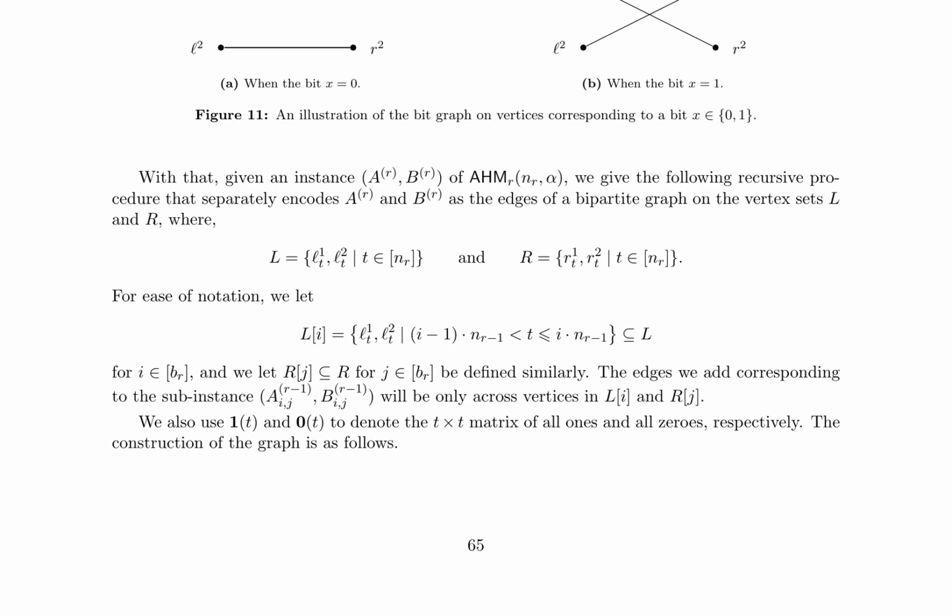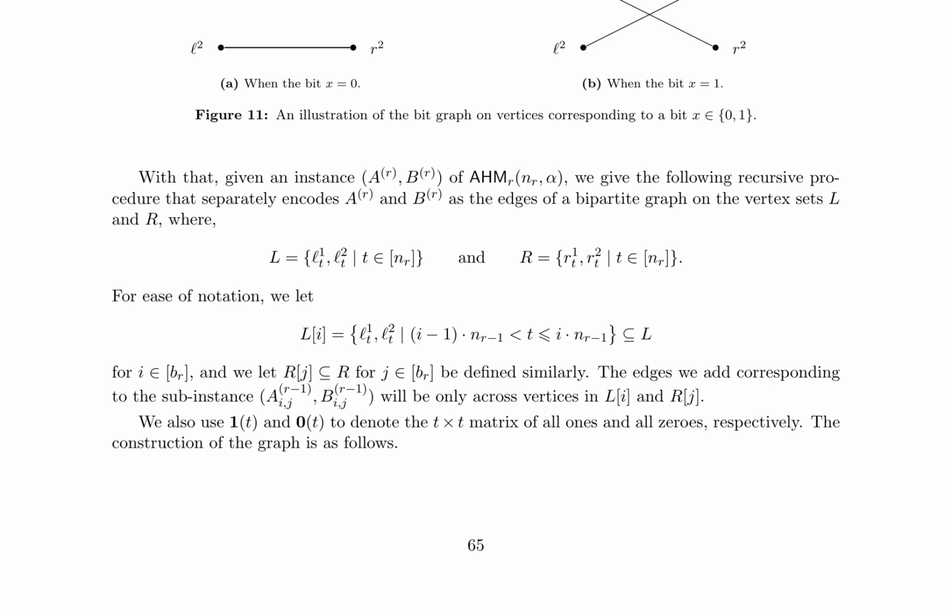For r equals 0, when z element of {0, 1}, return the edges of the bit graph corresponding to z. For r greater than or equal to 1, when z element of {0, 1}^{n_r} x {0, 1}^{n_r}, return the edges (i, j) element of [b^r], edges_{r-1}(z_{i,j}, L_i, R_j), where z_{i,j} is the n_{r-1} times n_{r-1} matrix with all its entries the same as the entries in z.